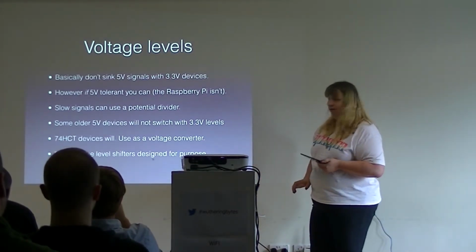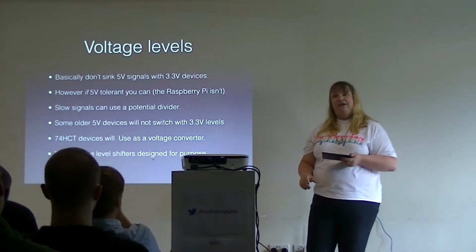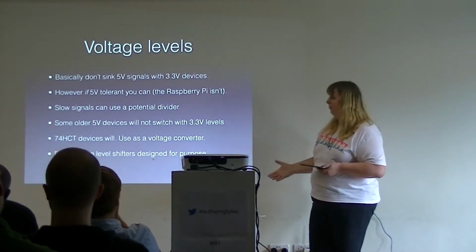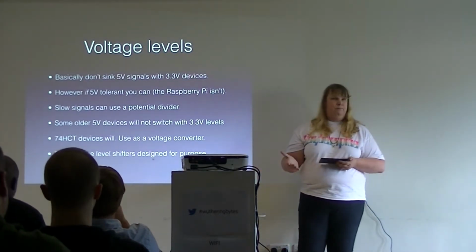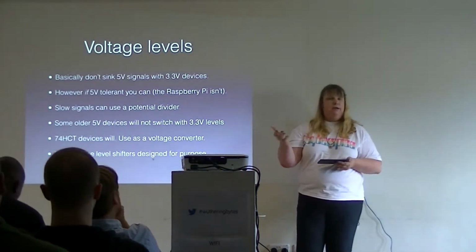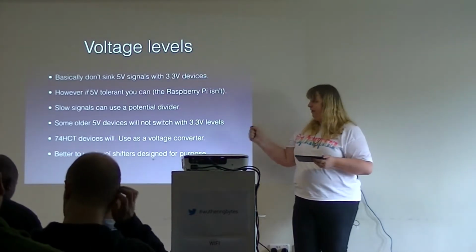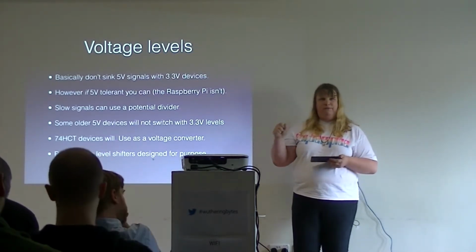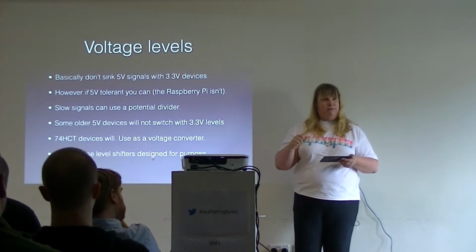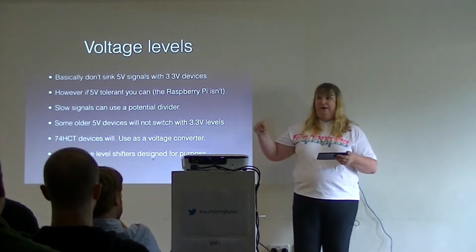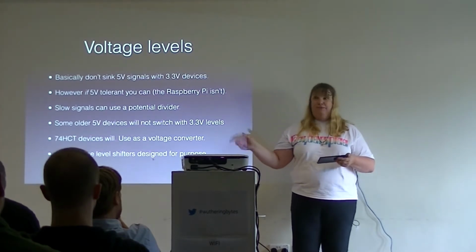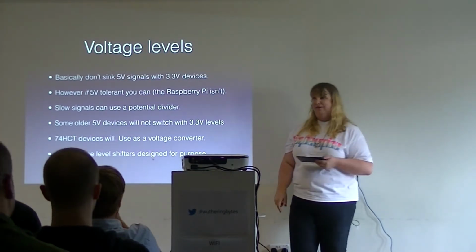So the current ones, 74HCT00, for example, is one of the numbers. You'll need more background about it, but basically you can power them off 5 volts and switch them with 3.3 volts, and the output will be at the 5 volt level, so you can then plug that into the thing that won't work with 3.3 volts.